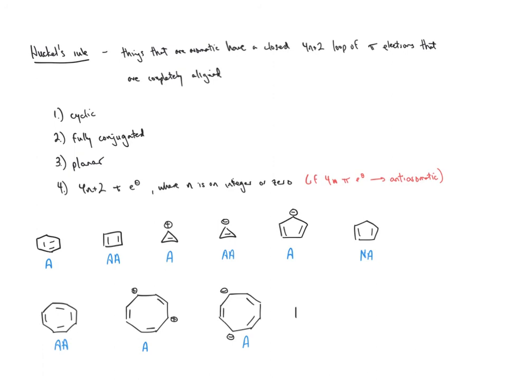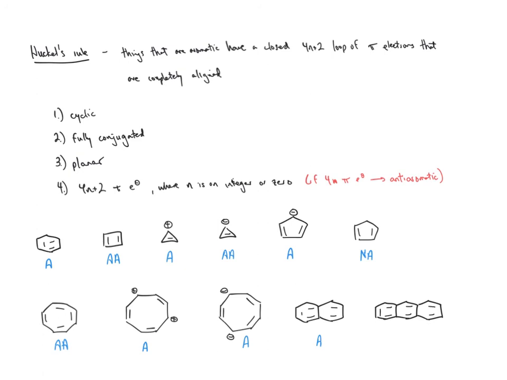Let's do a couple of examples that are fused together. So now we have 2 benzene rings fused together. There are 10 pi electrons total in that system, again fully conjugated, planar and cyclic, so this is aromatic. And we can extend this further and further to give us these polycyclic aromatic hydrocarbons, sometimes known as PAHs.